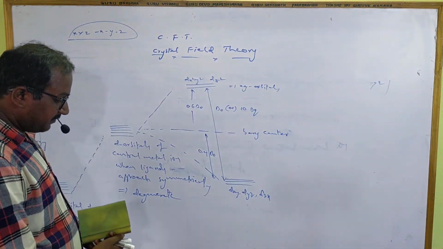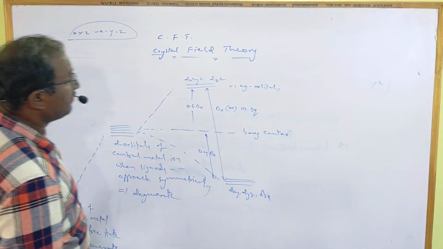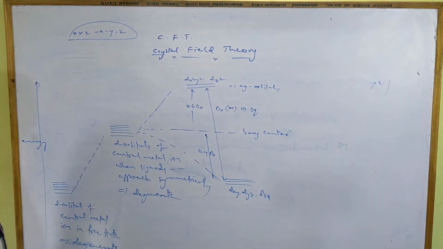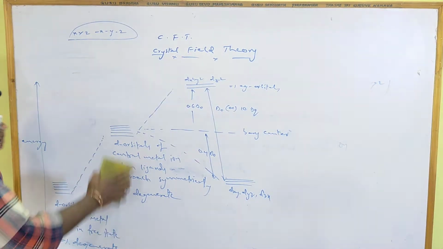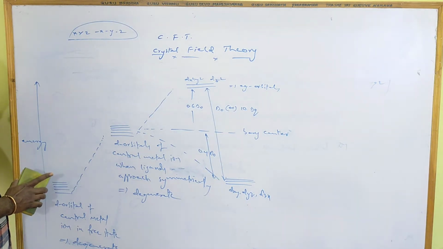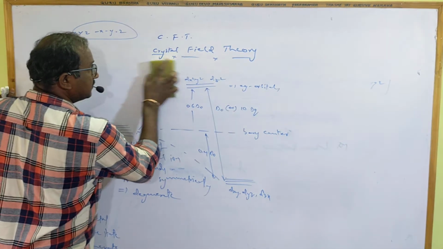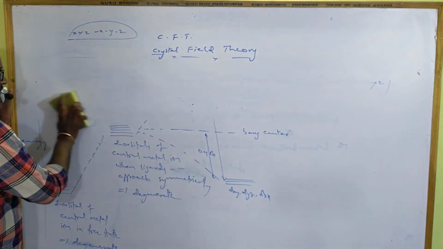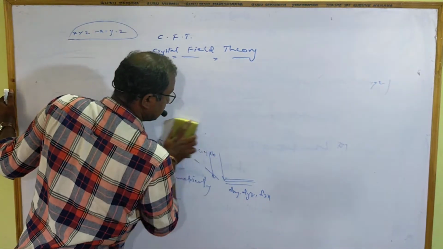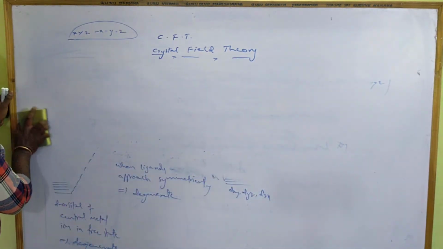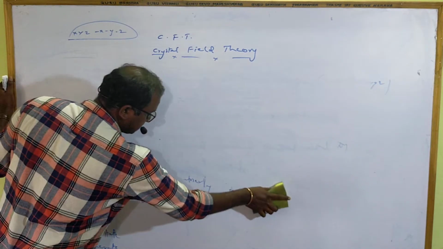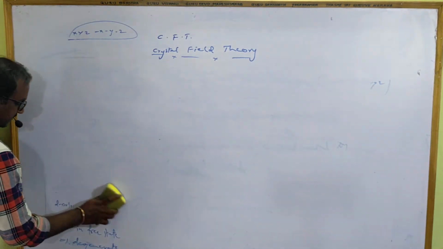Next, let me discuss the significance of delta O. What is delta O and what is CFSE? All these things let us see in octahedral complexes, how the splitting takes place.